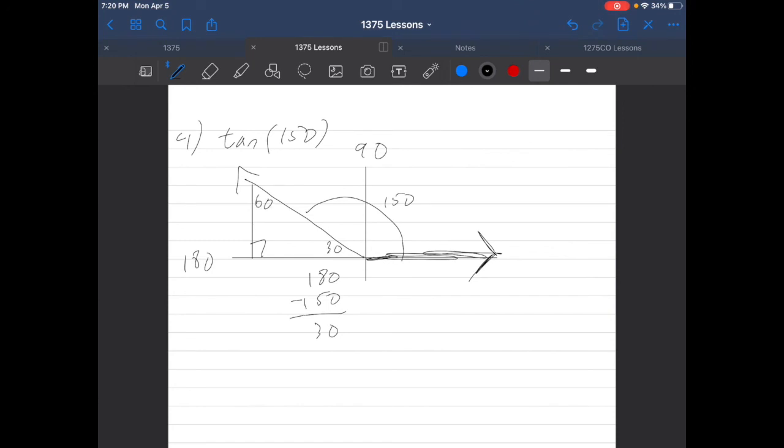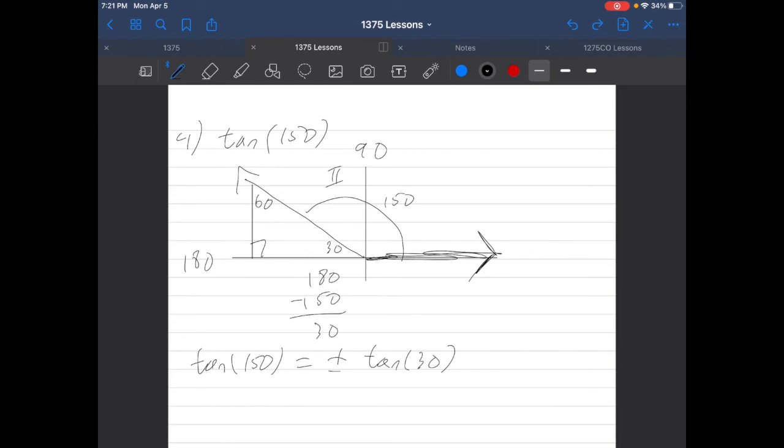Right, so this makes a 30, 60, 90 right triangle here in quadrant number 2. So the tangent of 150 is equal to the tangent of 30 degrees. So we can take this 150 and replace it with a 30 because 30 is the reference angle. But is this tangent function going to be positive or negative? Right, because this is in quadrant 2.